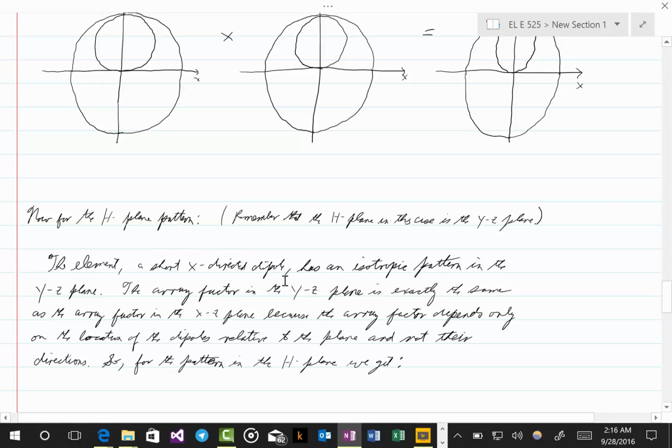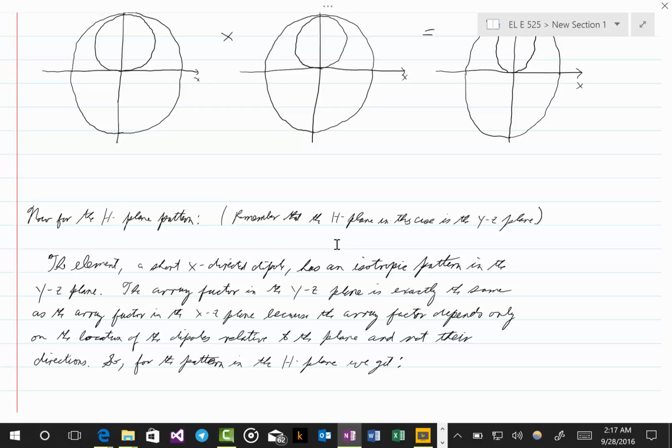So the element pattern in this case is isotropic. What about the array factor? Well, in our problem before with the vertical dipole, remember that the E-plane for the vertical dipole was any plane phi equals constant.